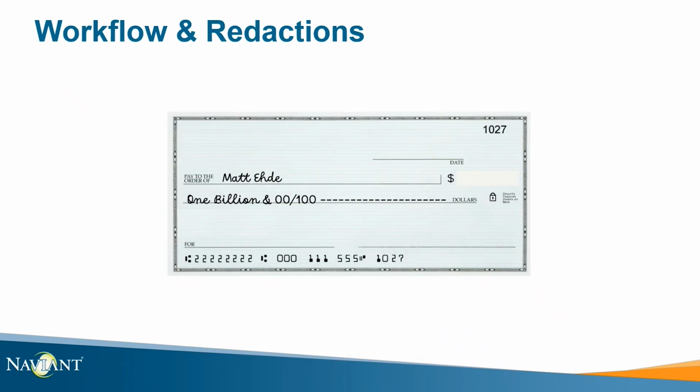Our next use case we're going to highlight is how you can use workflow and couple it with redacting sensitive information. It's actually a pretty simple way to redact sensitive information on documents, and particularly we have to look for documents that have this information in static locations.